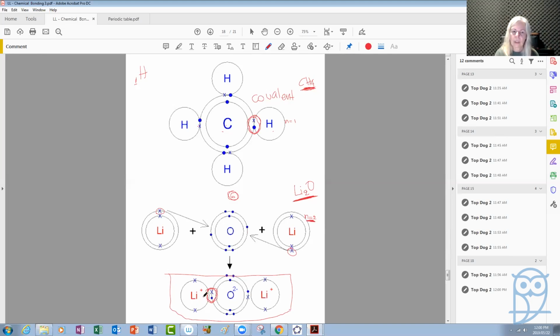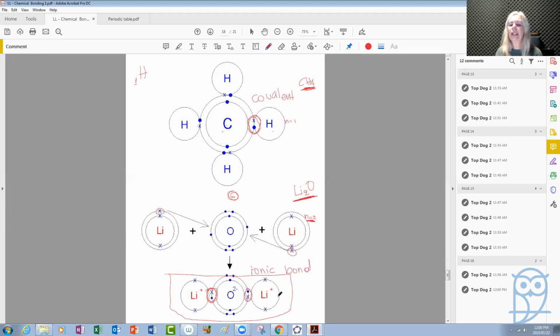It's just an ion that has lost its electron. And this bond is not due to shared electrons. These electrons are not shared. These electrons are captured by the oxygen, attracted to the oxygen, and the lithium has remained with missing electrons. So this bond here is actually an ionic bond.